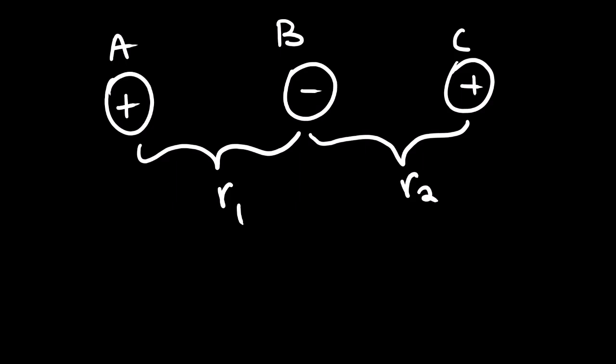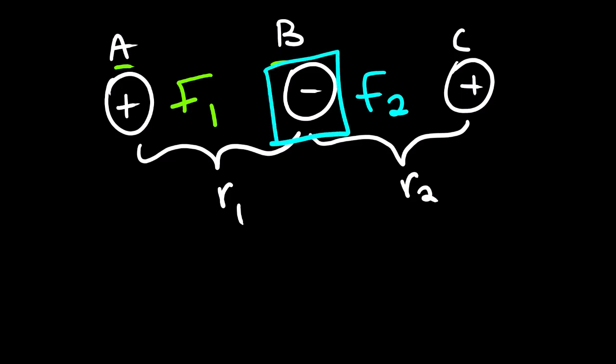So the first thing that we need to do is calculate the electrostatic force existing between A and B, and then we calculate the electrostatic force existing between B and C, since our main focus is on B. And then we look at the charges. Suppose we make sure that this charge is stationary, it is not allowed to move, and then we look at the direction of B due to C. We allow B to move.